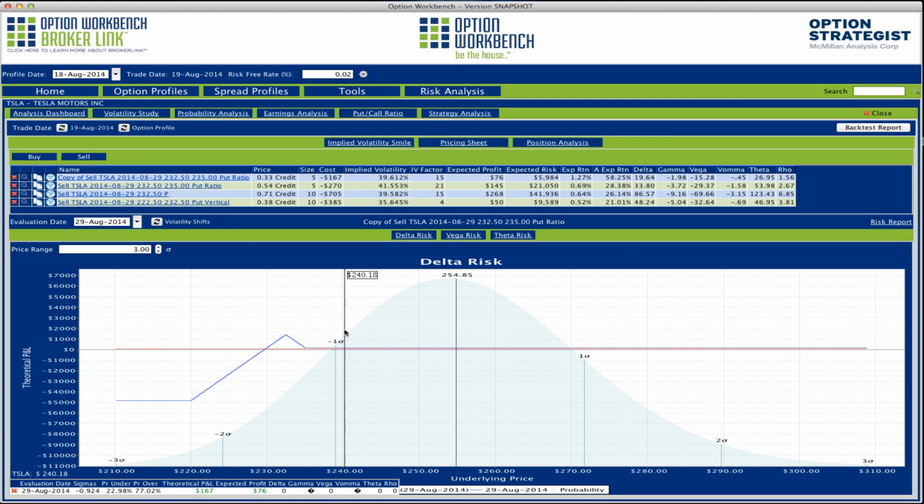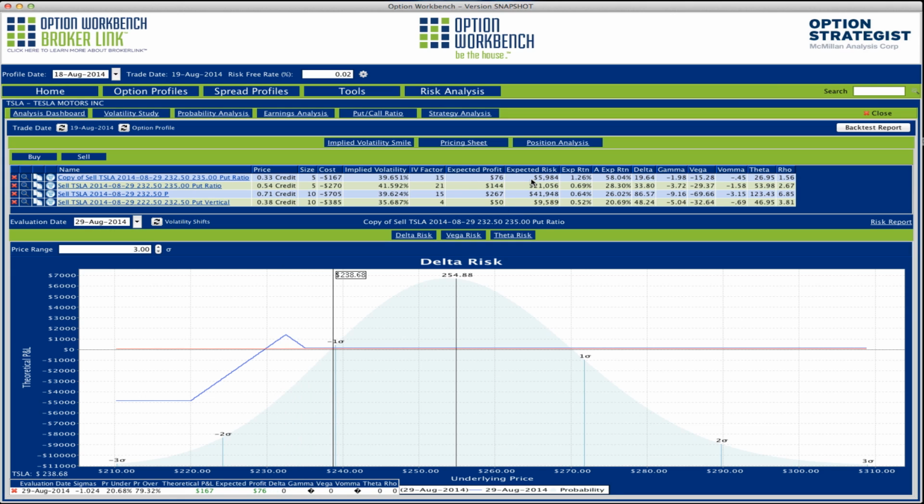It has the advantages of the put ratio, where if the stock moves down into that area where I'm selling, I get an increased profit. I have a much lower downside break even than the initial naked put or the put vertical, and I've also got a limited risk here.